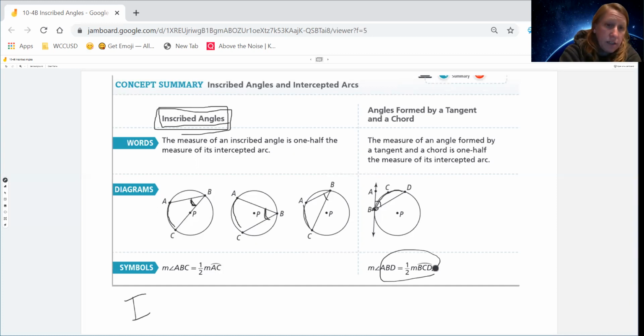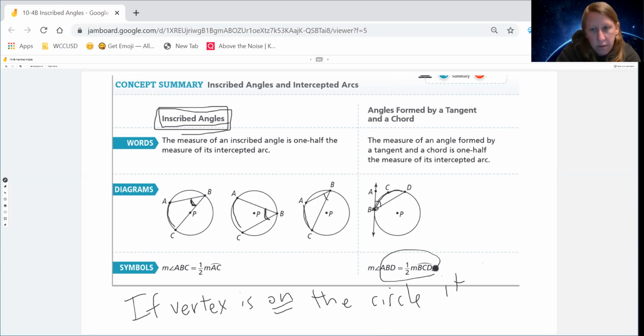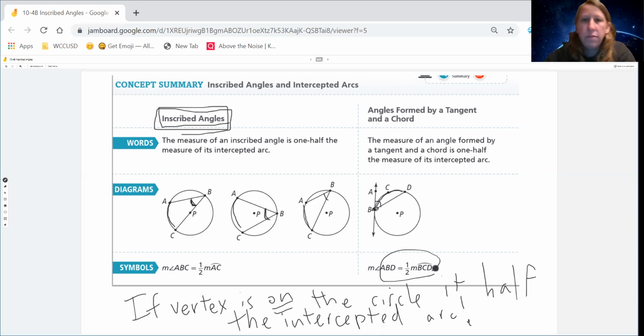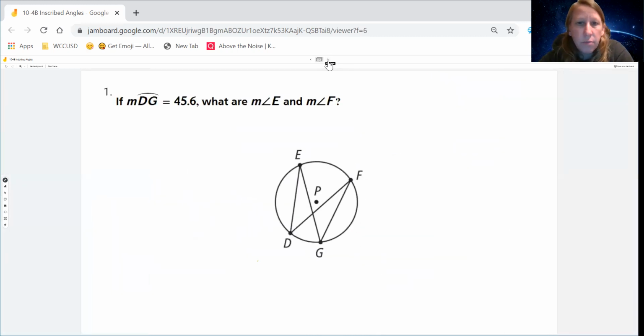If the vertex is on the circle, it is half the intercepted arc. Half.